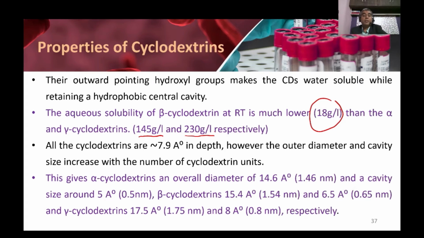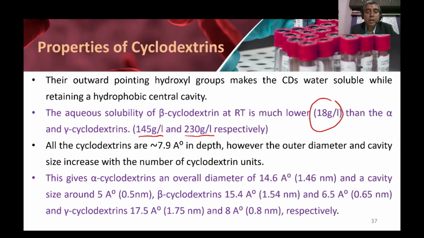All the cyclodextrins are 7.9 angstrom in depth. However, the outer diameter and cavity size increase with the number of repeating D-glucopyranoside units.